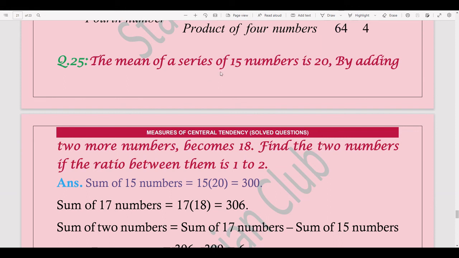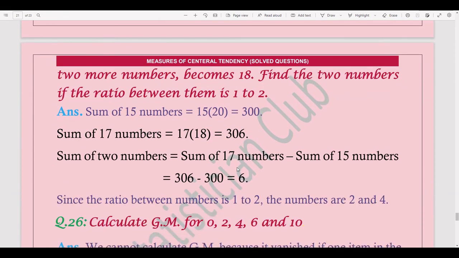The mean of a series of 15 numbers: n is 15, its mean is 20. We get the sum of 15 numbers: 15 multiplied by 20, which is 300. When we add two more numbers, the mean of 17 numbers is 18. The sum is 17 multiplied by 18, which is 306. The sum of 17 numbers minus the sum of 15 numbers is 306 minus 300.